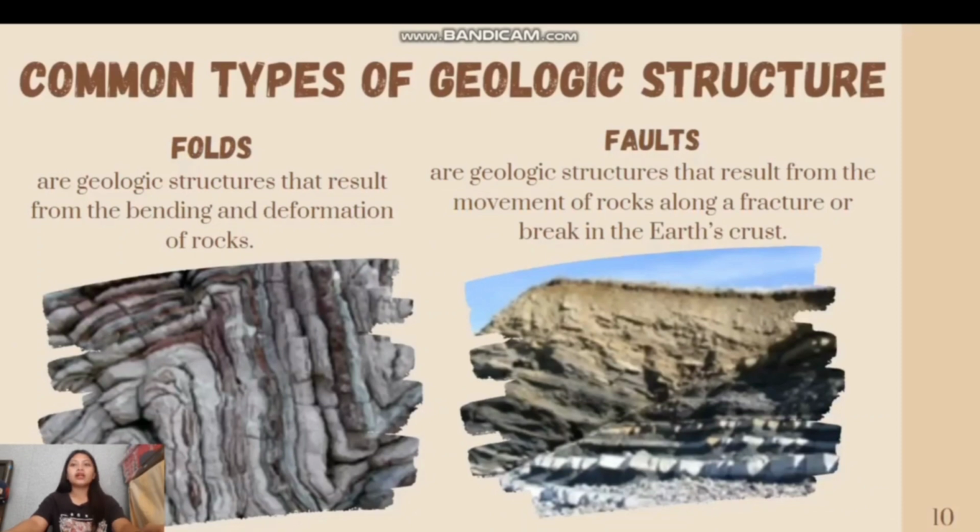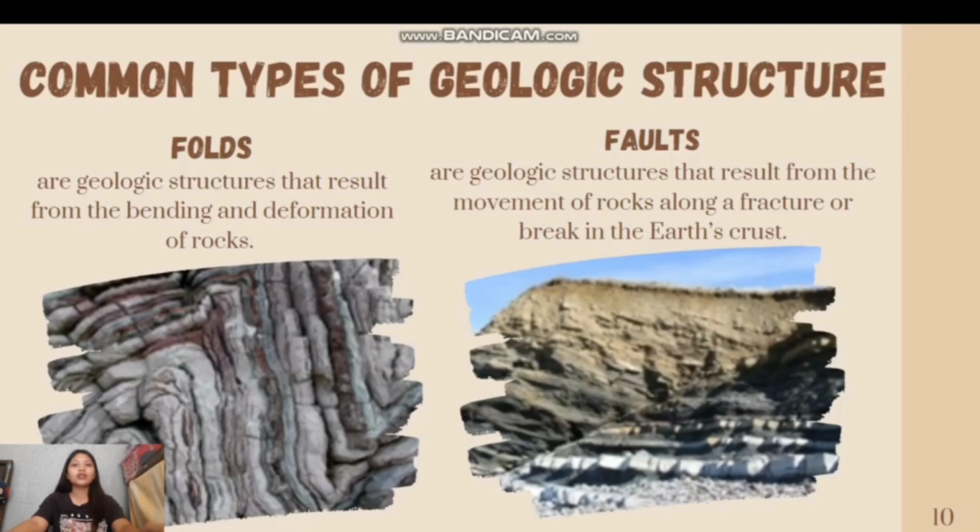Folds are geologic structures that result from the bending and deformation of rocks. Faults form under varied conditions such as stress, pore pressure, and temperature. When we say pore pressure, it is the water flowing between the gaps of the rocks.